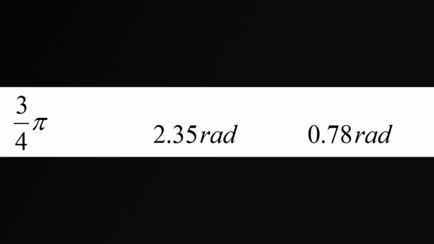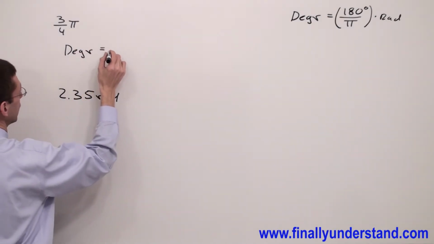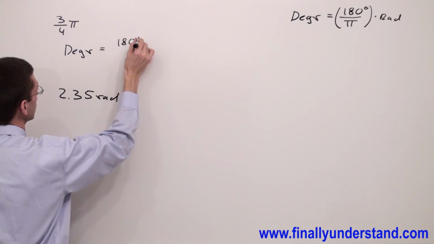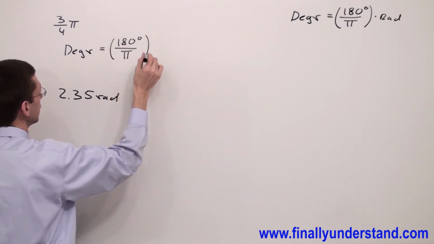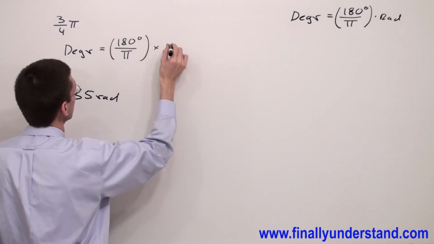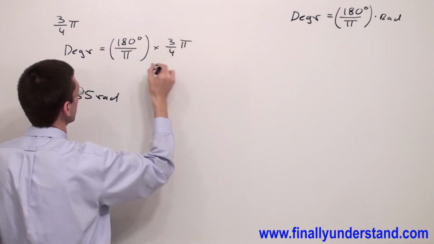3/4 pi. We have to convert this to degrees. Degrees are equal to 180 degrees over pi times 3/4 pi.